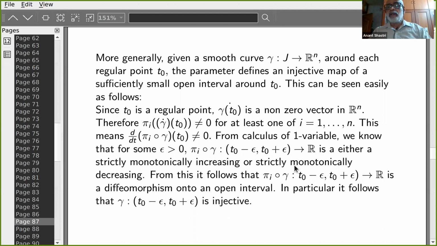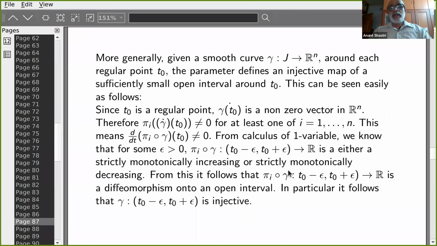In particular, it is injective there. If the composite of two functions is injective, the first function gamma must also be injective, restricted to this interval. So this is the gist of the property of a regular point of a curve. Geometrically, it means that there is a small arc around the point.